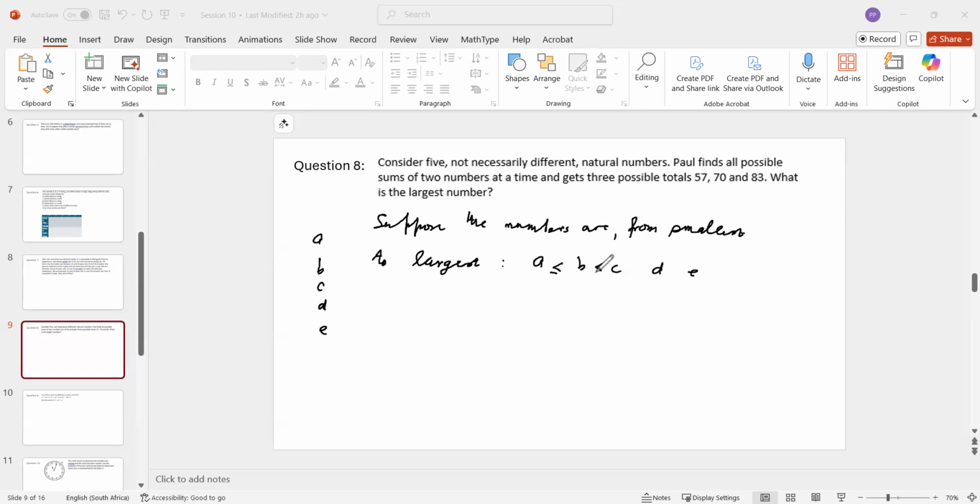And B is less than or equal to C is less than or equal to D. So now we want to know what is E. What is the largest number?